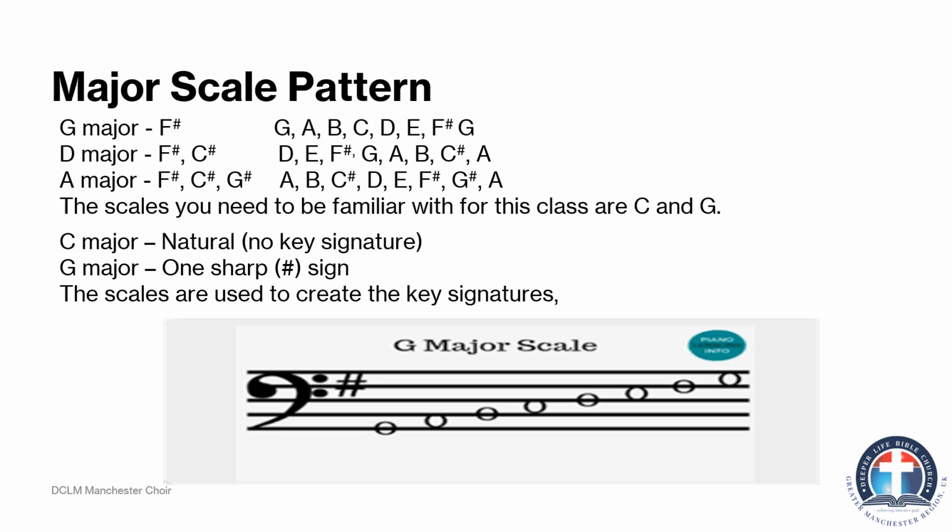As well, G major has only one sharp, which we said the other time is on F. F carries the sharp. So the note that is sharpened in the scale of G major is F. Don't let's forget, it only has one sharp as its key signature.